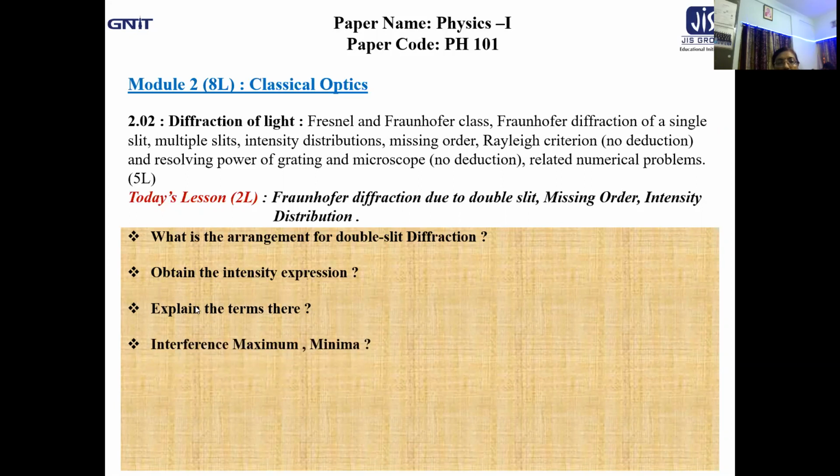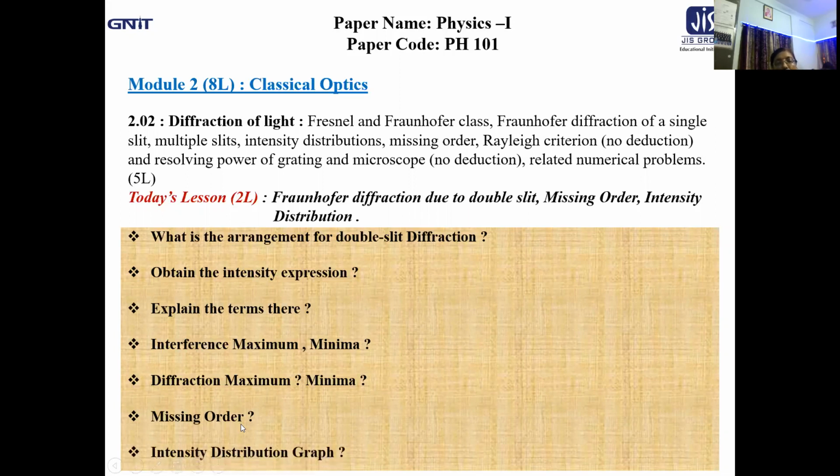Next, we will go for the interference maxima and minima. After that, the diffraction maxima and minima. Next, we will go for the very interesting missing order part. And finally, we will go for the intensity distribution graph.